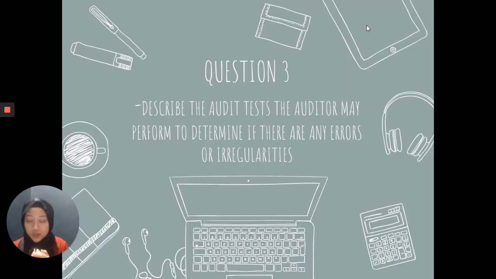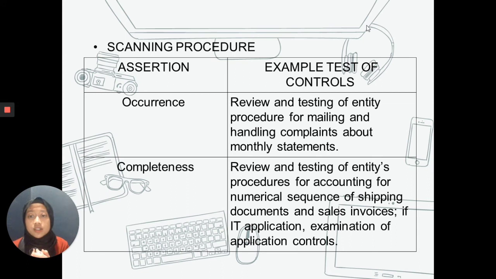Okay, the last question is to describe the audit test the auditor may perform to determine if there are any errors or irregularities. The exception here is occurrence. The audit test for the control is to review and test the entity procedure for matching and reconciling the monthly statement. Okay, this is for the first two.